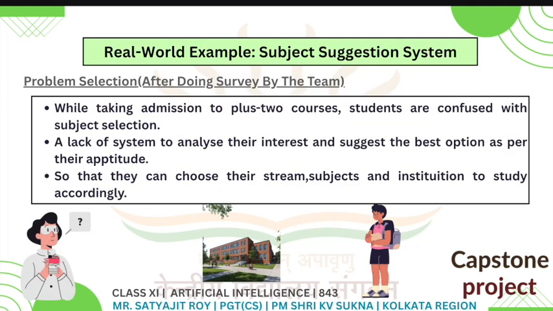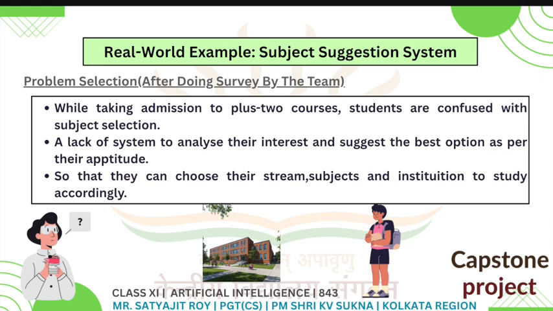Now let us see briefly what each of the stages is. Let us take a real world example, right? Let us select the problem first. I hope all of you will be able to relate to this problem as you are in class 11. After the class 10 board exam, the students struggle with stream selection. Most of the students are pretty sure what they are going to do, but there are students who are not sure, and I think many of the students are like that, actually.